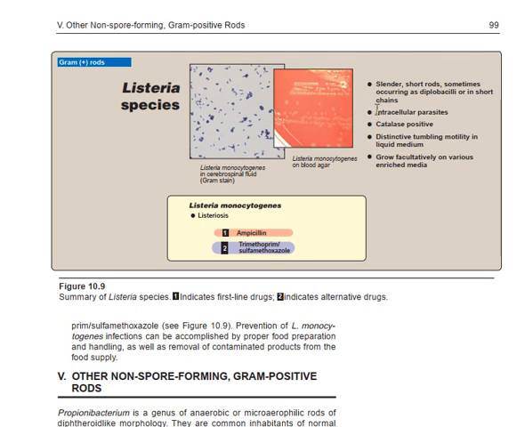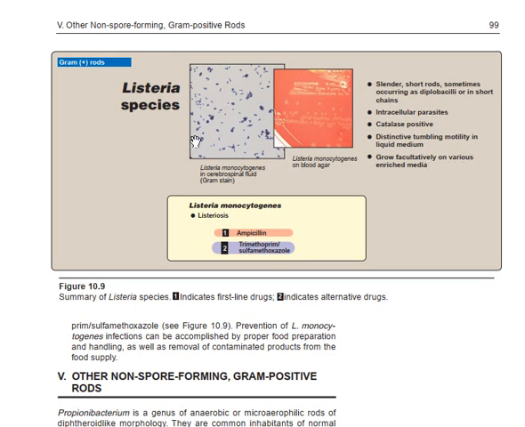The second one is they are intracellular parasites, just as you have seen in the life cycle. They are catalase positive, just like the Staphylococcus species. They have distinctive tumbling motility in liquid medium. Is it clear? They grow facultatively on various enriched media.